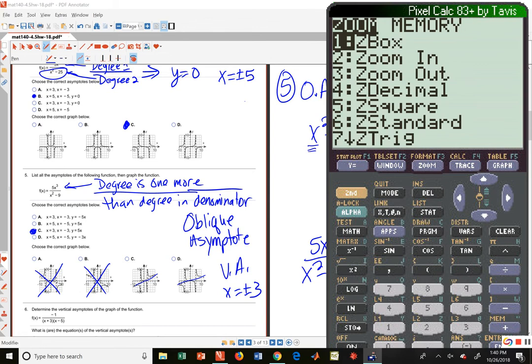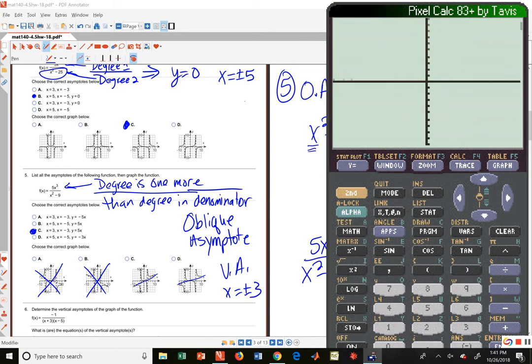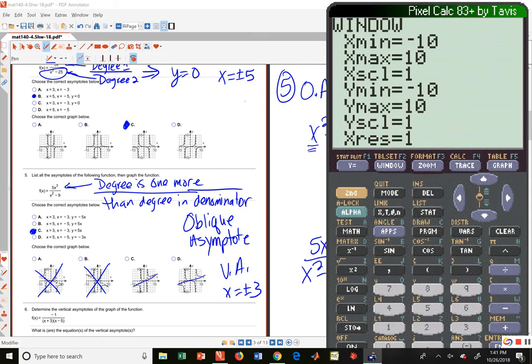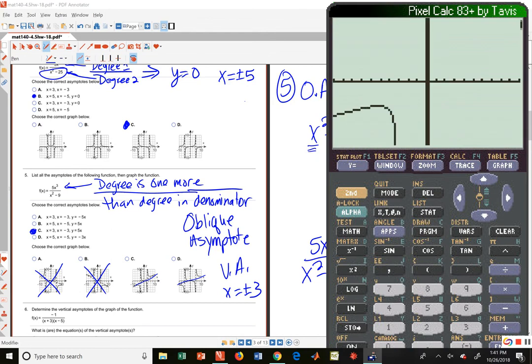You could start with a ZStandard window, but that's not the window they chose here. Our oblique asymptote is actually pretty steep with respect to that one. Now, if you take your window, we're going to widen the y range to go from negative 100 to 100. Graph.